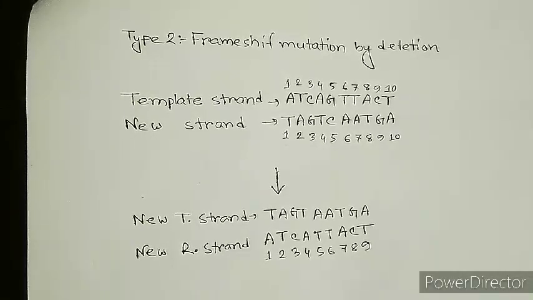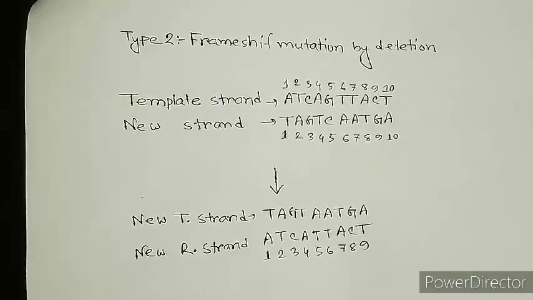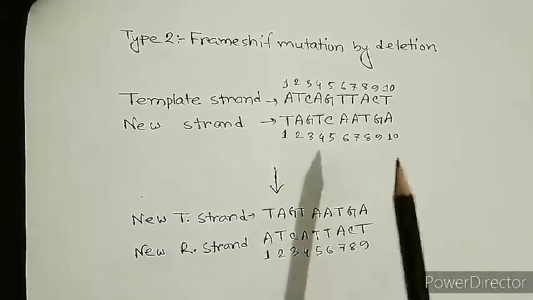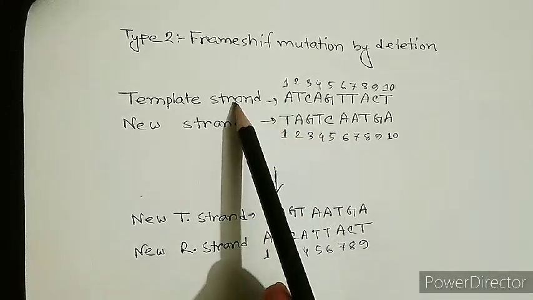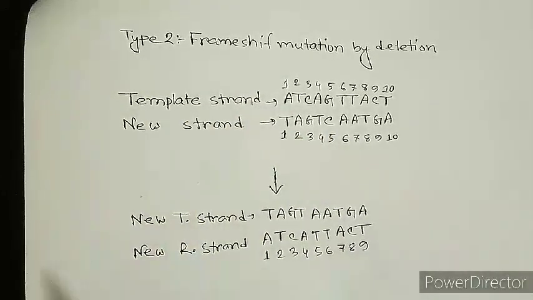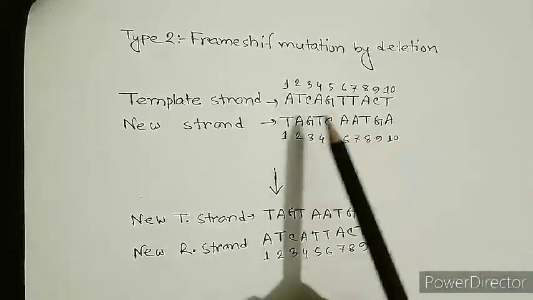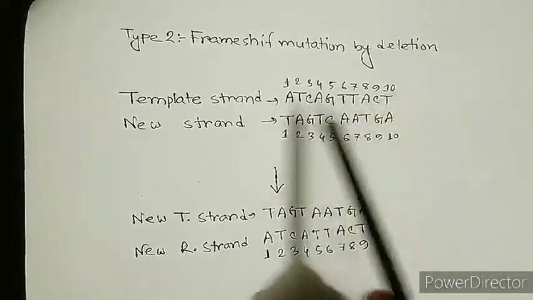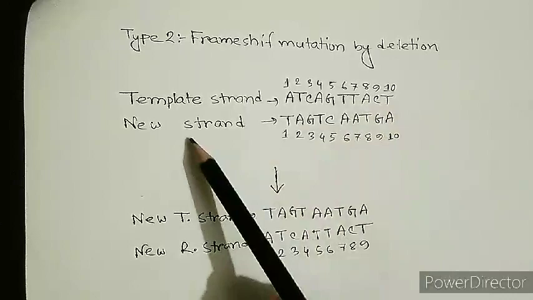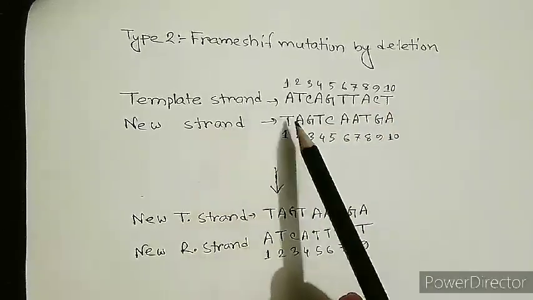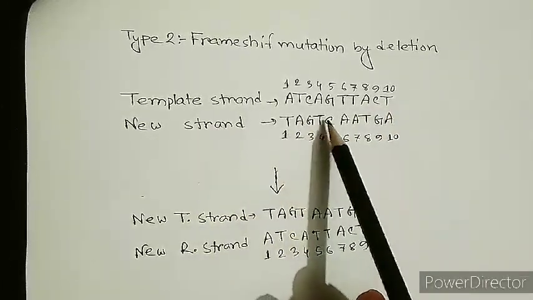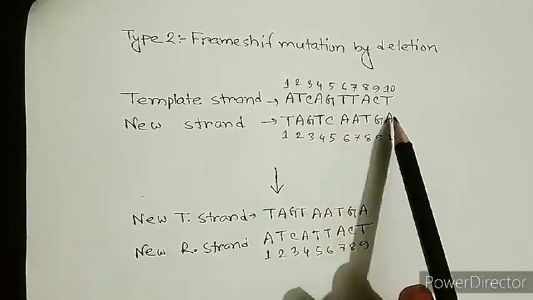Now for type 2, that is Frameshift mutation by deletion. Here we have taken the template strand as the same as the previous example. Here we have 10 base pairs of a template strand and a new strand that is TAGTC AATGA.